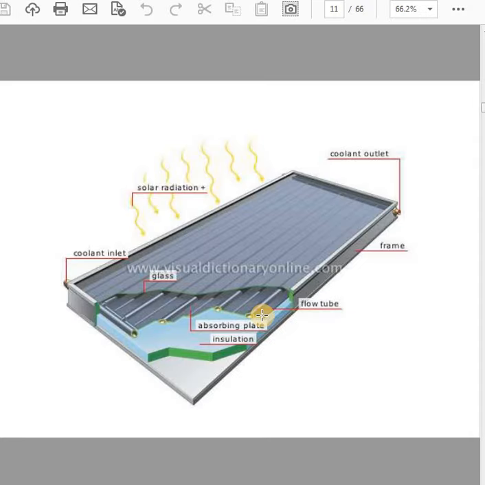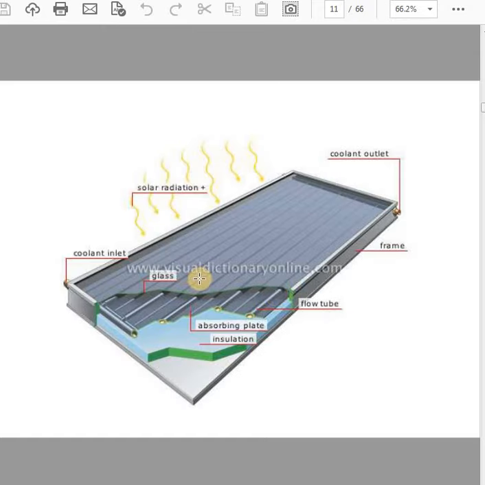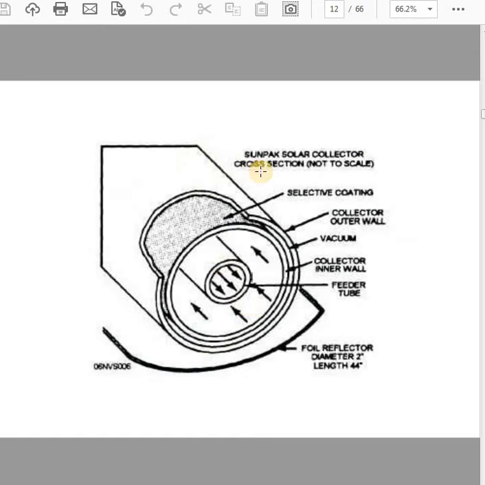Now the solar radiation, this is another type of collector, and these are the pipes being utilized as an energy collector, and through these the water or liquid will be passing, so that it gets heated.